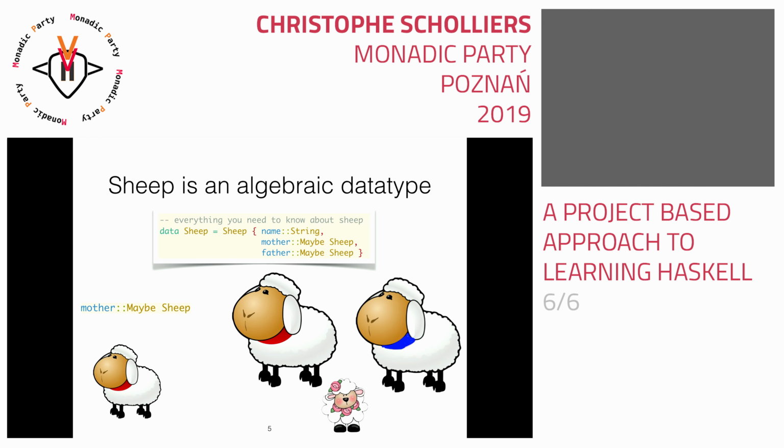But by writing in this record syntax, we are also at the same time making getters for the different parts of your algebraic data type. So in this case, we will get a function name which takes a sheep and returns a string. So let's see that in code.